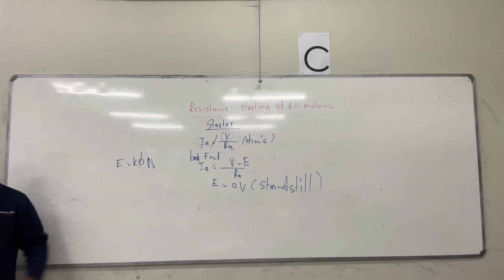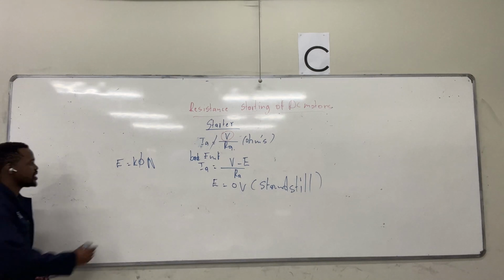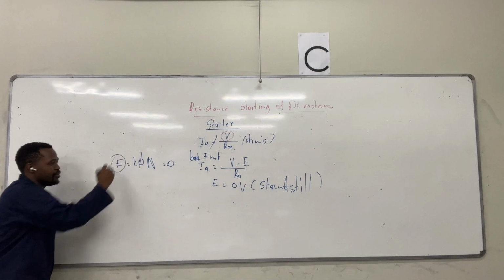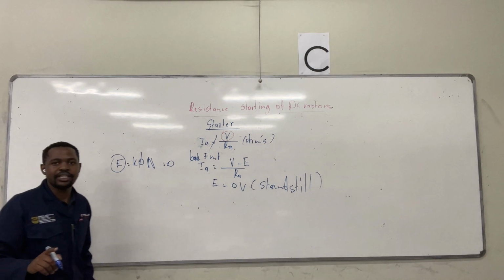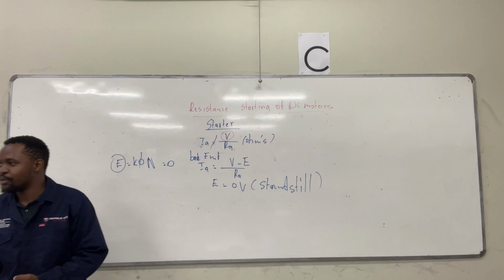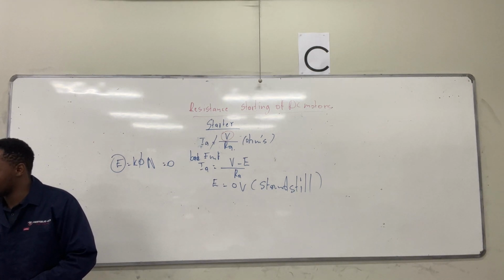EMF is directly proportional to the flux and the speed. At standstill, the speed is zero, meaning the back EMF is zero. That is a problem, because as much as the back EMF opposes the supply voltage, it is critical in the operation of the motor.